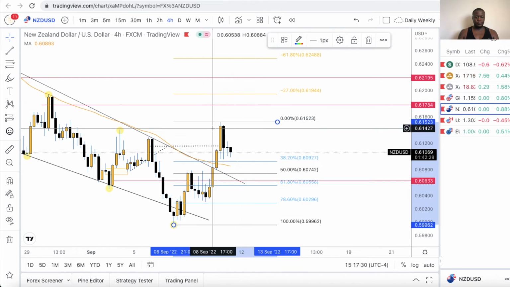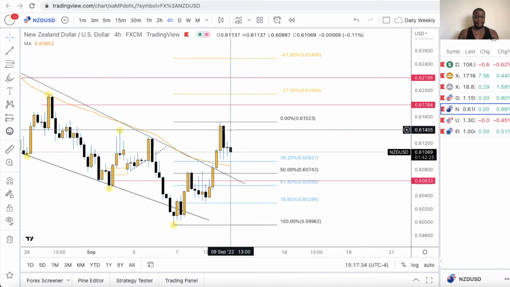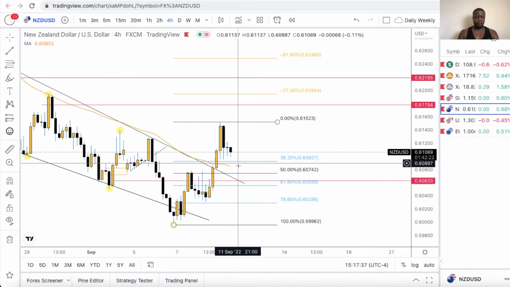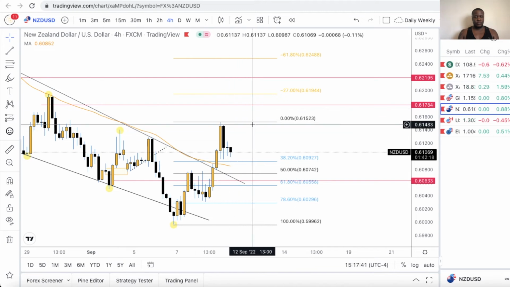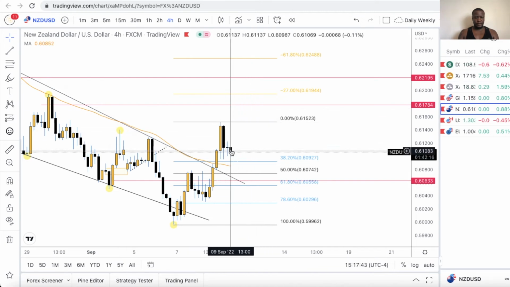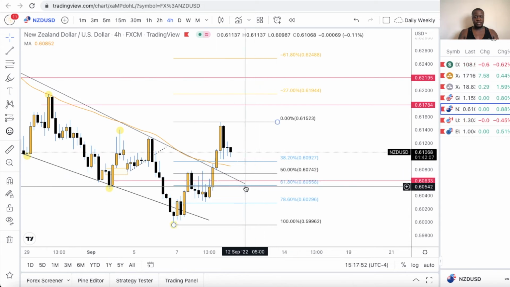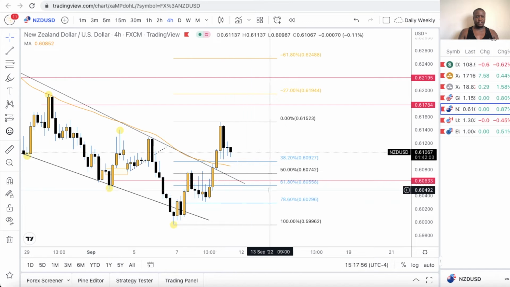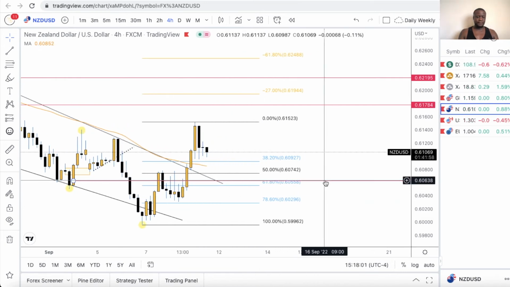And so as far as entries, we could possibly look for an entry either at the 50. I'll be looking for a rejection, some type of rejection at the 50 or the 61.8 retracement level. I'm more leaning towards the 61.8 retracement level.